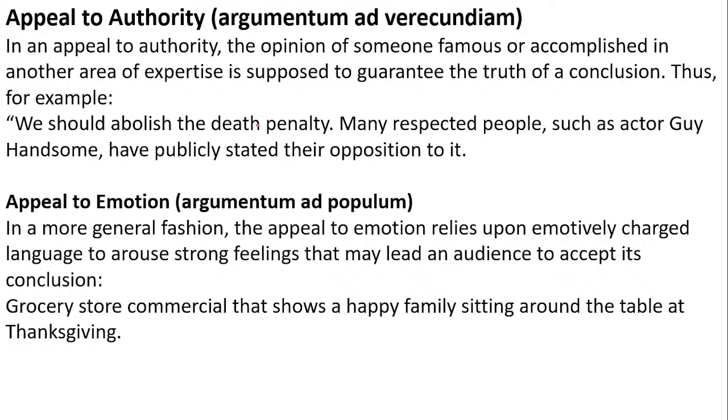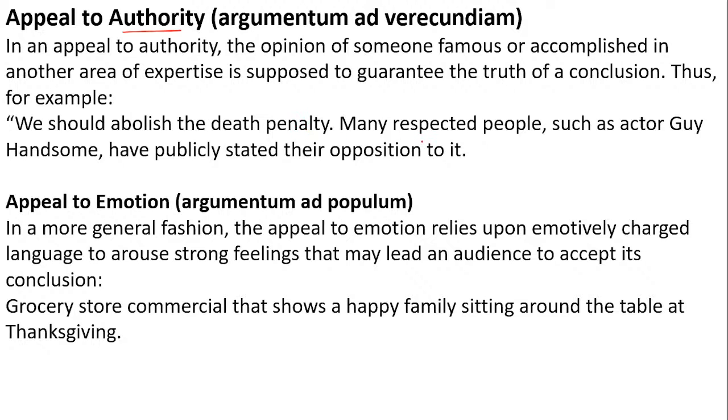For example, we should abolish death penalty. Many respected people, such as actor Gay Handsome, have publicly stated their opposition to it. So, what is happening? Appeal to authority means, if some great people or famous people are giving a statement, then you are assuming it to be true.